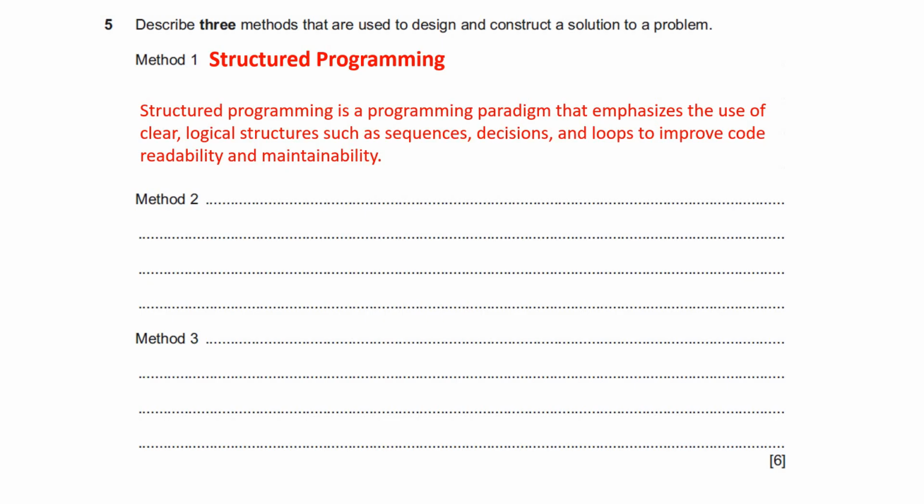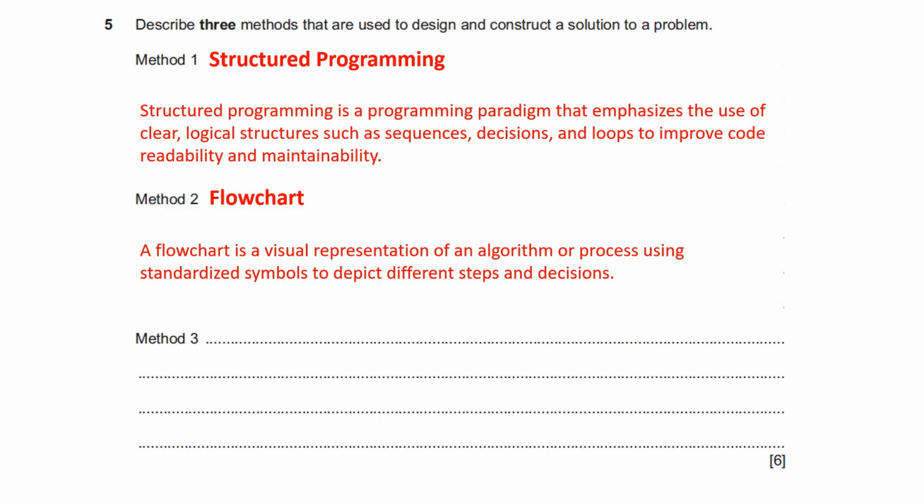Then decisions like if statement, if else, and loops, for loop, while loop, repeat loop, do while loop. All of these belong to loops, to improve code readability and maintainability.